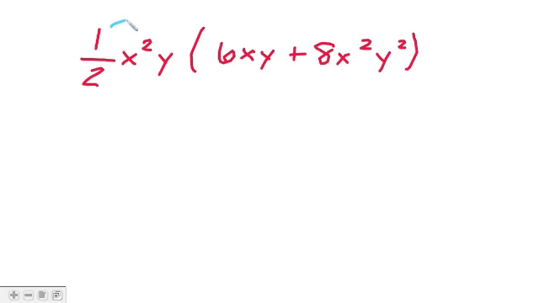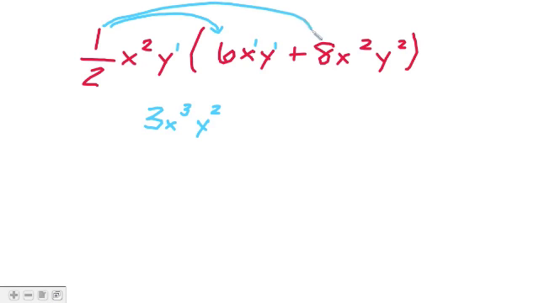So let's do the first one. What's half of 6? Well, that's going to give me 3. And now let's do our variables. x squared times x1 is going to give me x to the third, because there's a 1 here, 1 here. So 2 plus 1. Now let's do the y. Okay, 1 plus 1 is going to give me 2. And you're done.